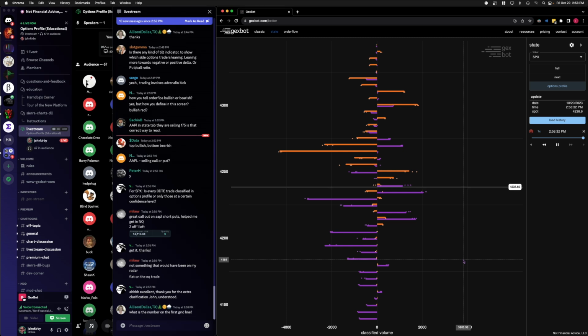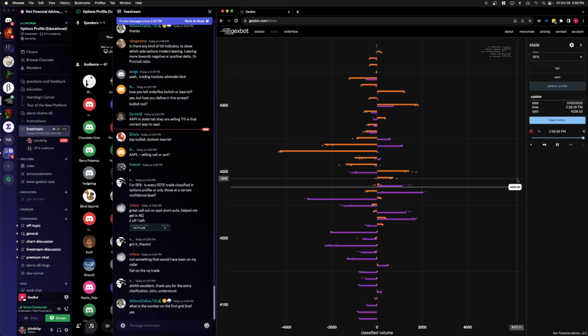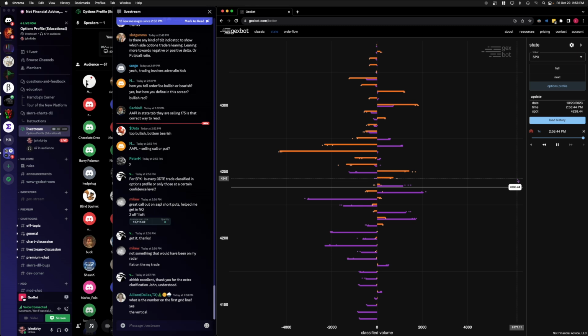The number on the first grid line. Do you mean the white one here, Allison? Like this white 4238 thing? Oh, that's spot price. So that's the current price of SPX. The vertical. You mean this one, minus 4,000?